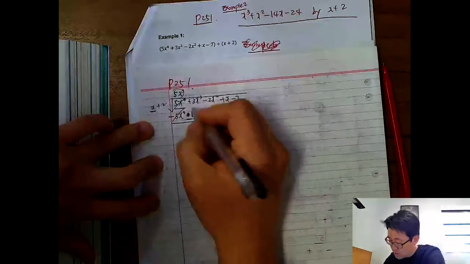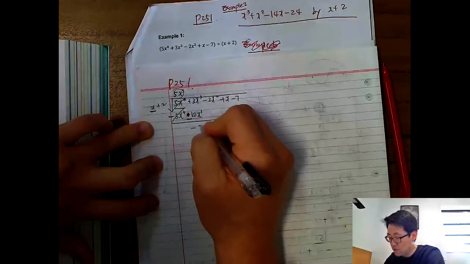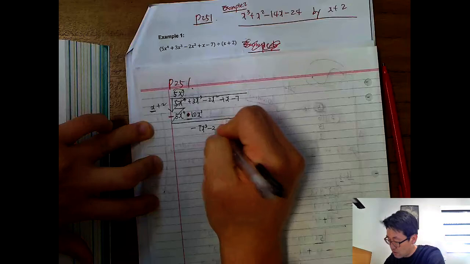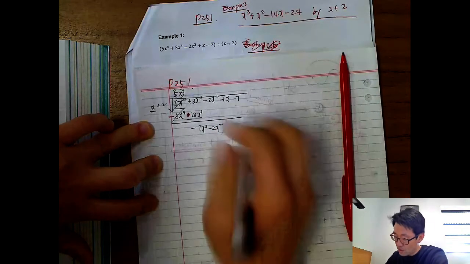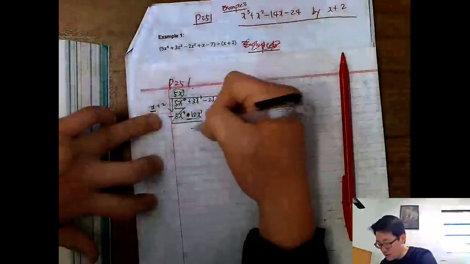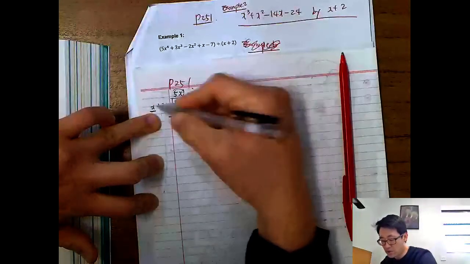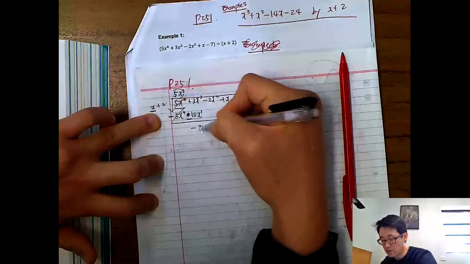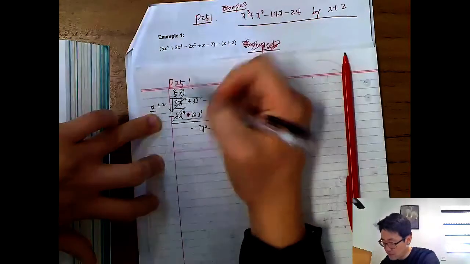Cancel that out. 3x cubed minus 10x cubed is minus 7x cubed. I don't have to write down the whole thing because I know I'm only dealing with 2 numbers, so I can write down just 2. You can write down the whole thing, doesn't matter.